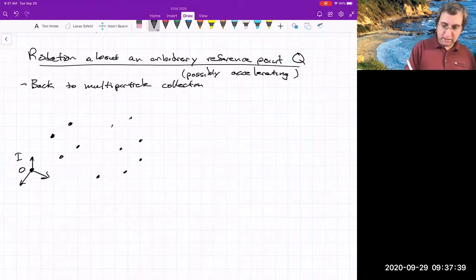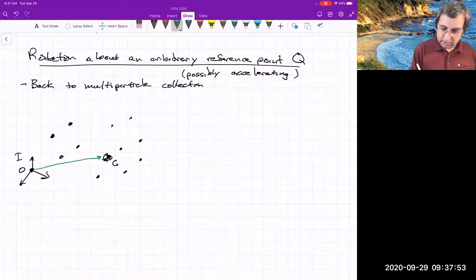And there's going to be a center of mass, which might not even be located at any particular particle. It's just the center of mass point. So let's write what that is. Here's our center of mass point.